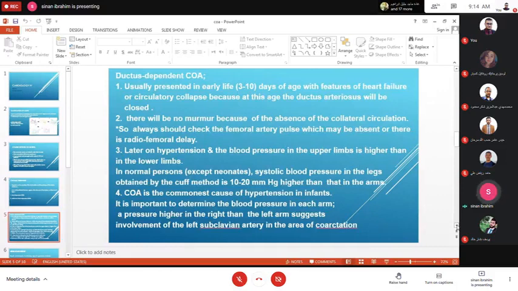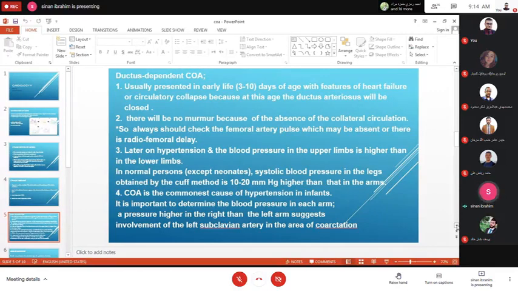What about the presentation of patients with ductus-dependent coarctation of aorta? As we say, they are usually presented early in life, usually in the first 3 to 10 days of age, with features of heart failure. الهارت هذا أكو interruption of severe stenosis and pumping against a closed pipe. This will end into heart failure in a few days and circulatory collapse.